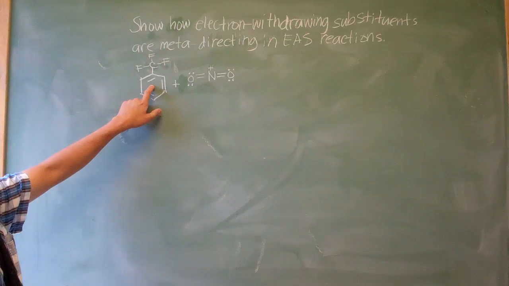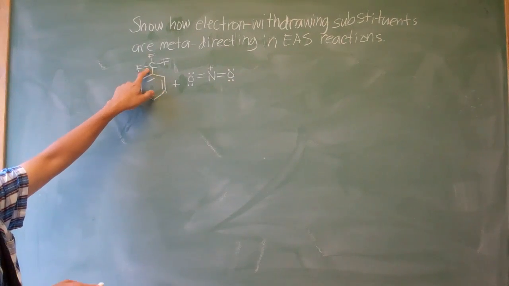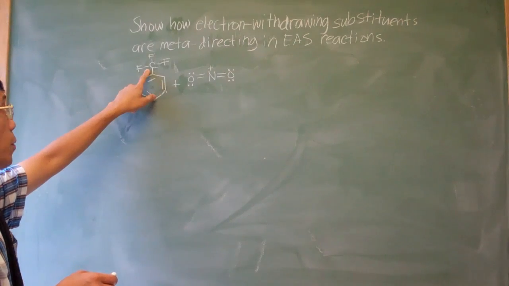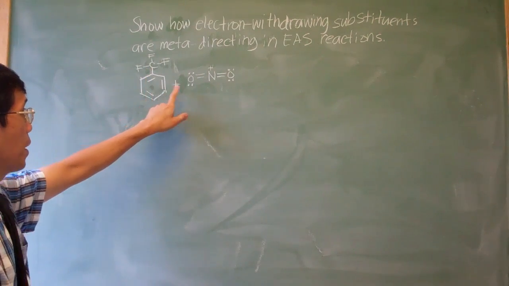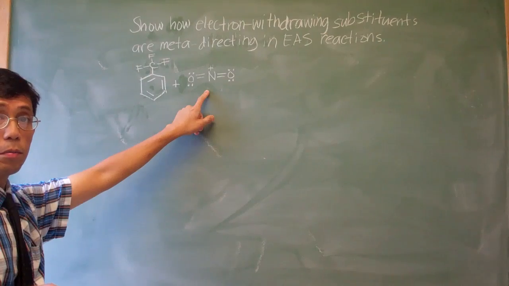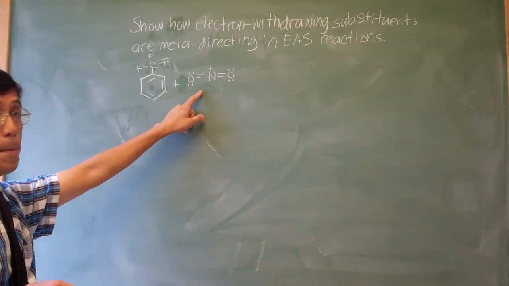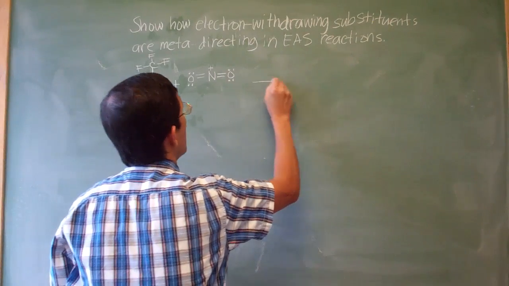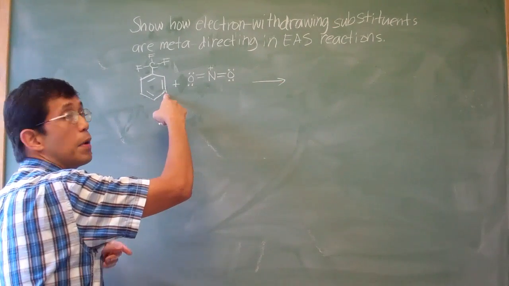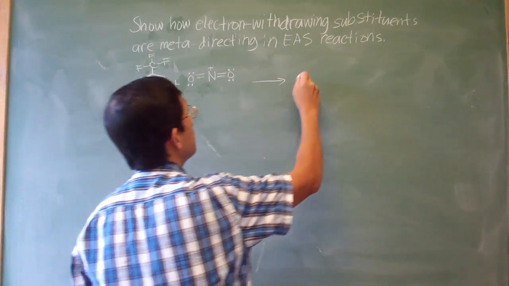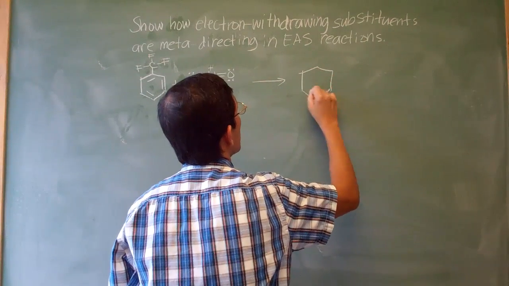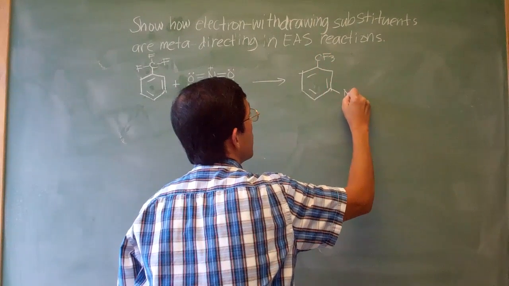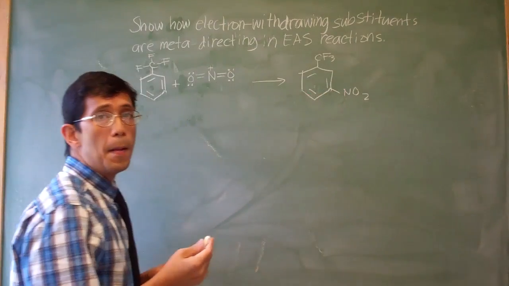So if we have a benzene ring with an electron withdrawing substituent such as CF3, trifluoromethyl, and we react this with the electrophile NO2+, nitronium, which is made when you react nitric acid with sulfuric acid, the NO2 will add at the meta position. 1, 2, 3. You have the electron withdrawing substituent, and the NO2 will add at the meta position.